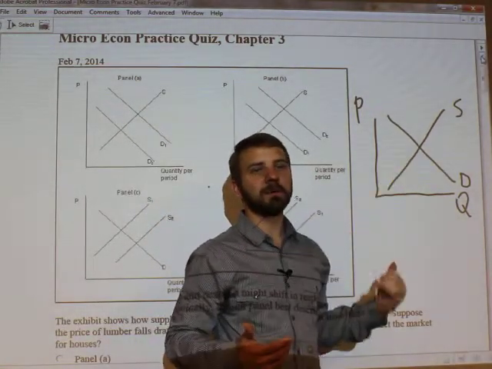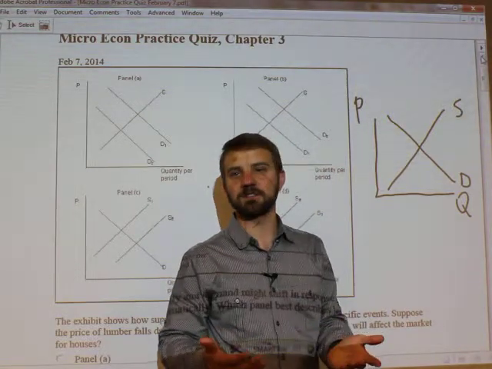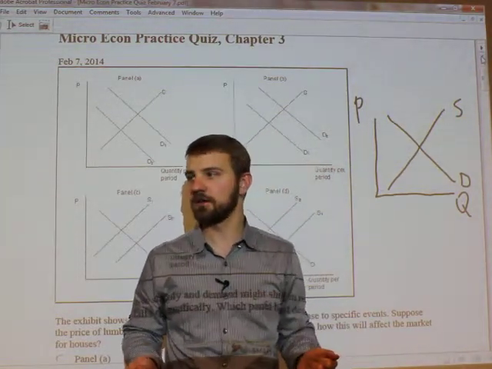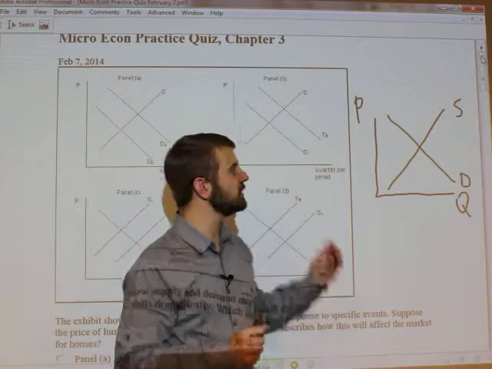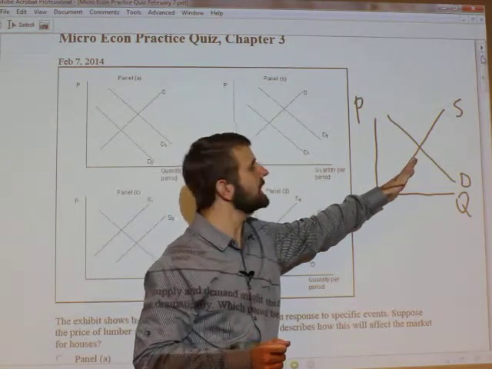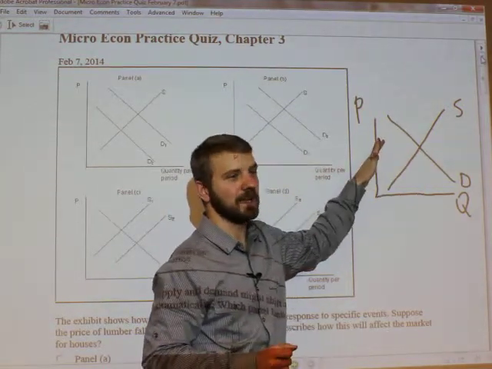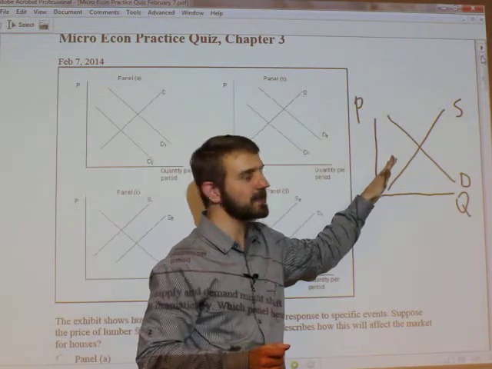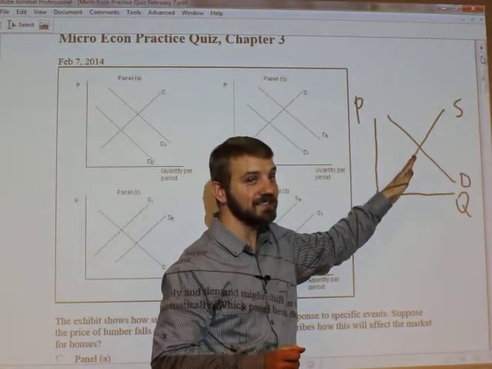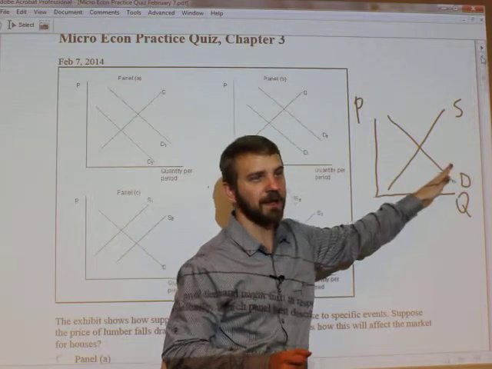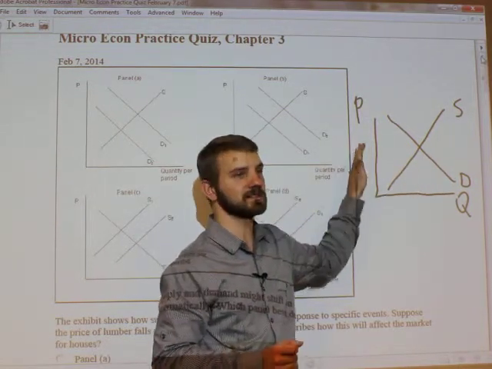Why? Because lumber is an input into making houses. In other words, lumber is a factor of production. And so a change in a factor of production affects supply. Is it going to increase supply or decrease supply? Another way to think about that is, is it going to make building houses easier, which would increase supply, or more difficult, which would decrease supply?